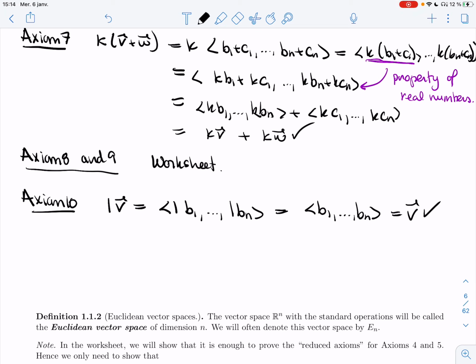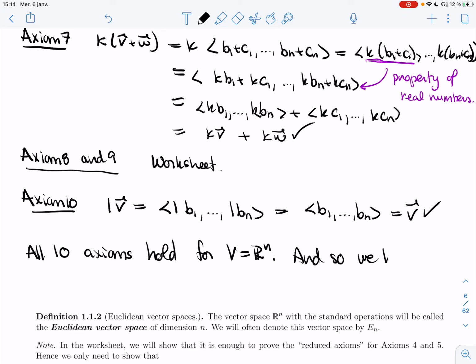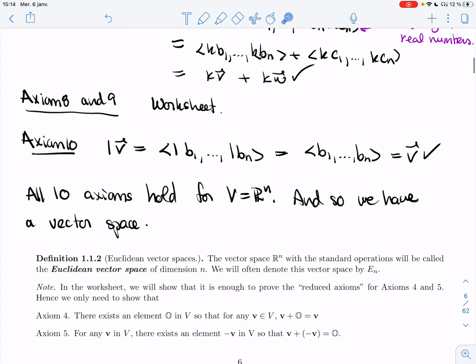I'll let you check the final 2, but all 10 axioms hold for v, which is Rn. And so we have a vector space. Which is good because that's the example that we're trying to generalize. So if it didn't fit for this one, we would have the wrong definition.